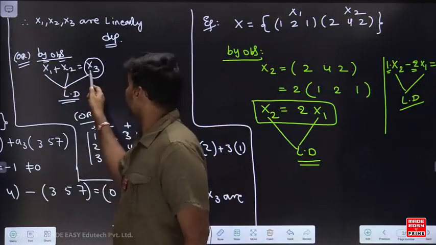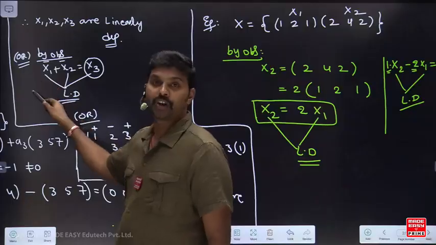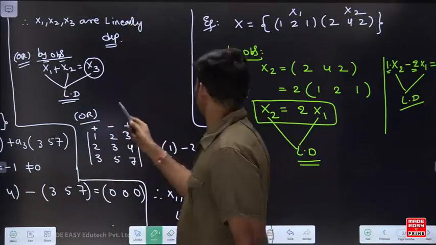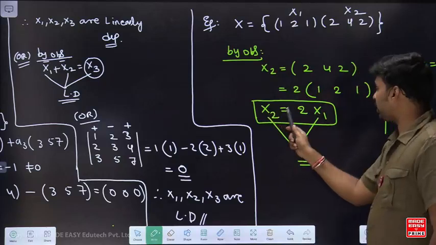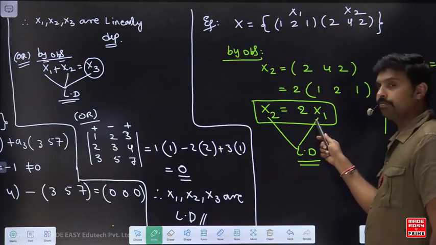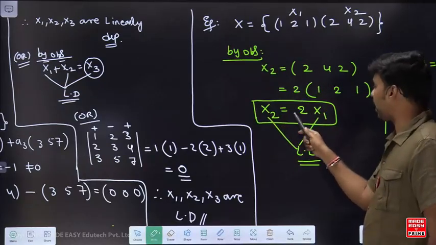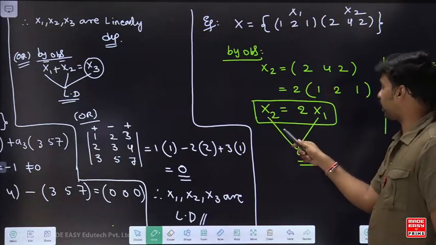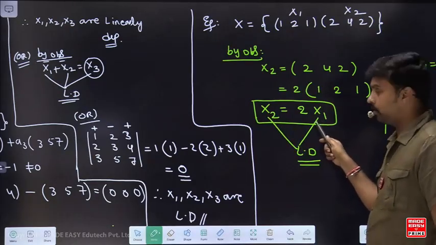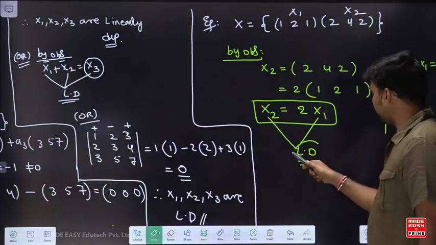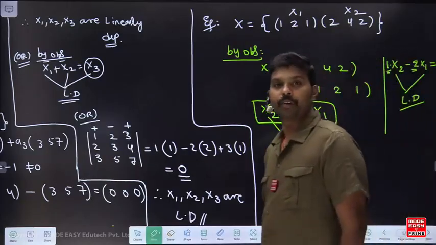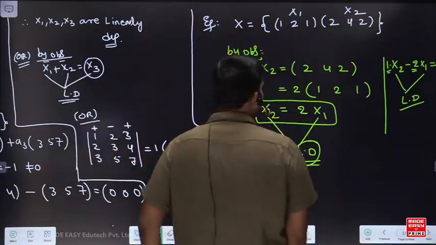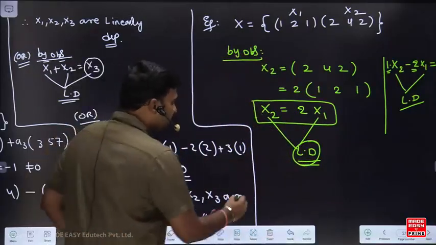When one vector is written as a linear combination of the other vectors, then they are linearly dependent. That is similar. So one vector is a linear combination of the other vectors. But we read this simply as one vector being a scalar multiple of the other vector. Then we say these two vectors are linearly dependent. Okay, this is for 2 and this is for 3, like that. Okay, now is there any other way, sir?